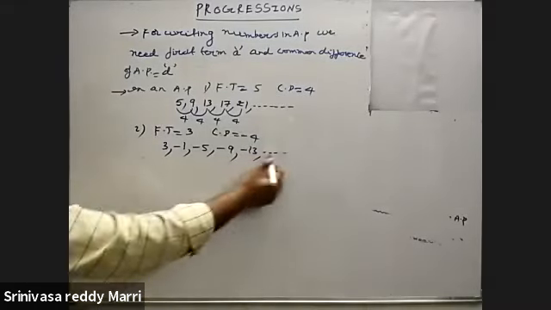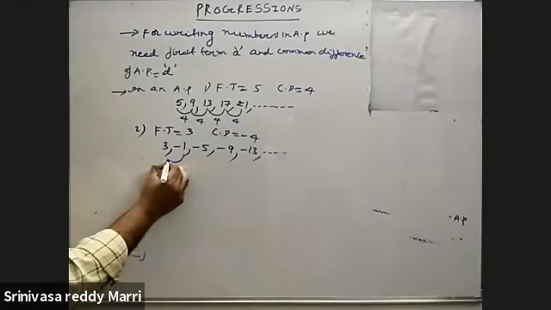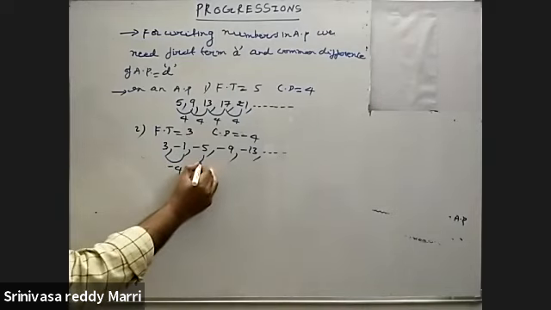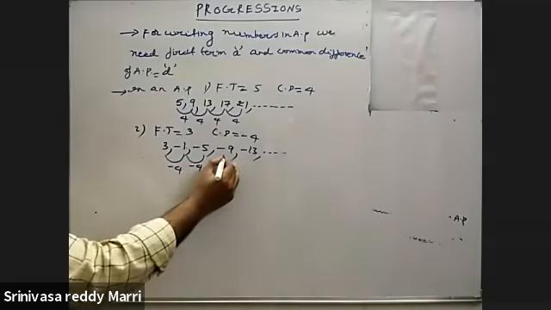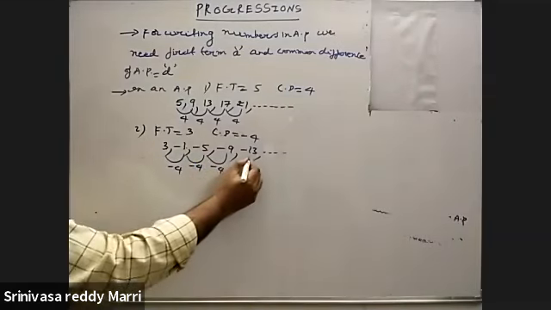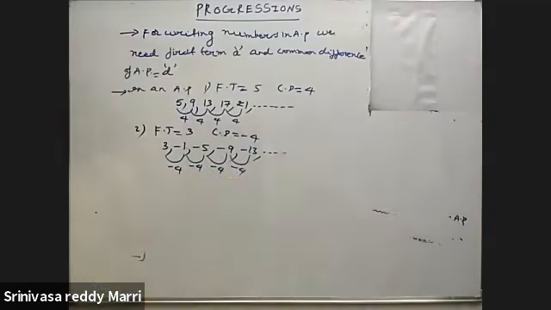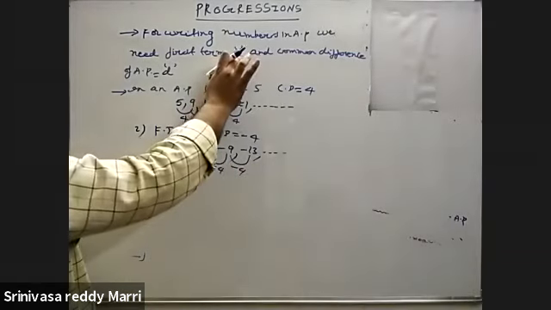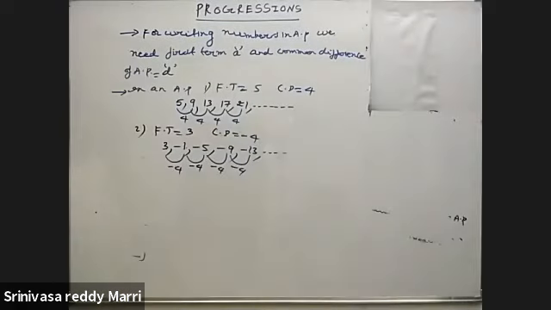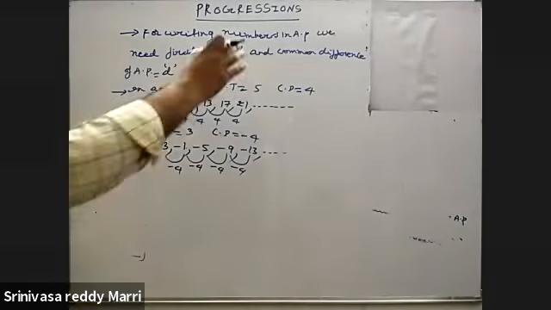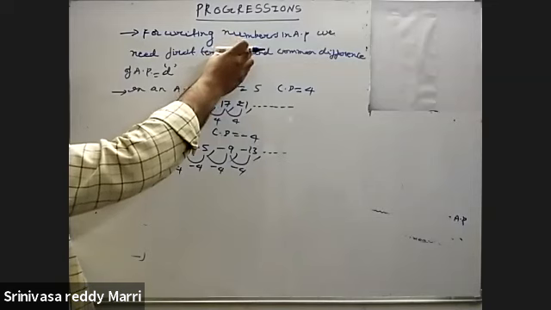Look at the differences of these numbers, all minus 4. That means if you know the first term and common difference, you can write an AP. In this chapter, we will always find A and D.